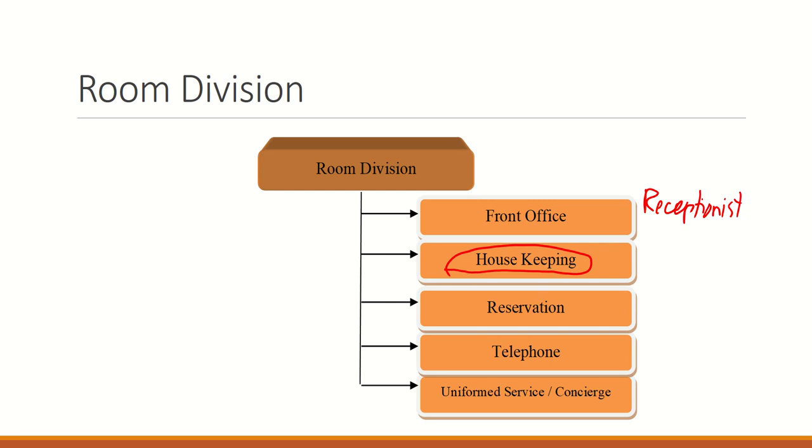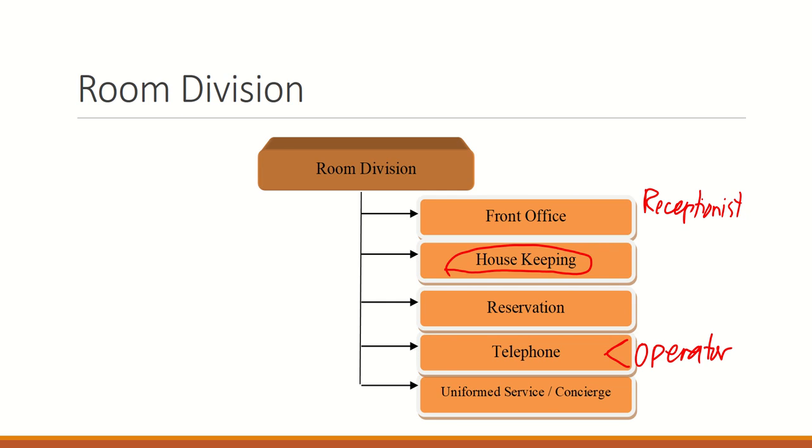And then telephone or operator. There is the position operator mentioned in the assignment, right? It can be divided into 2 parts: operator for taking reservations and operator during the stay in the hotel.